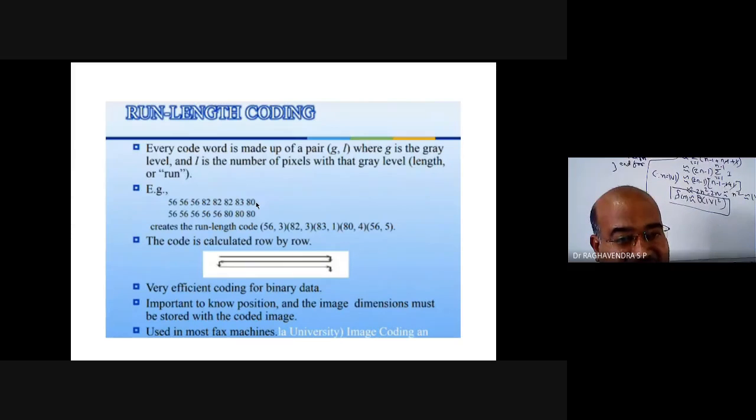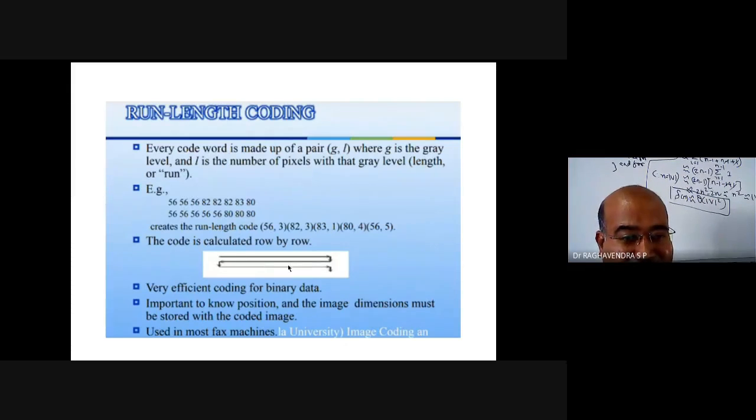Next, you have to consider 80. But 80, see here, is always interlinked to the next row because it is the last pixel in the first row. So the last pixel in the first row and the first pixel in the second row are always interlinked, because of this line.